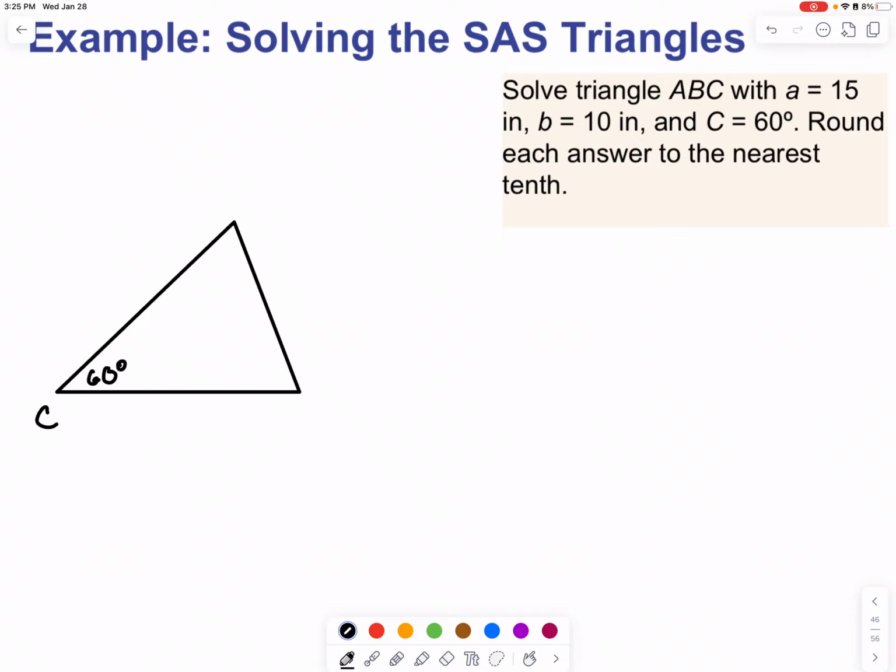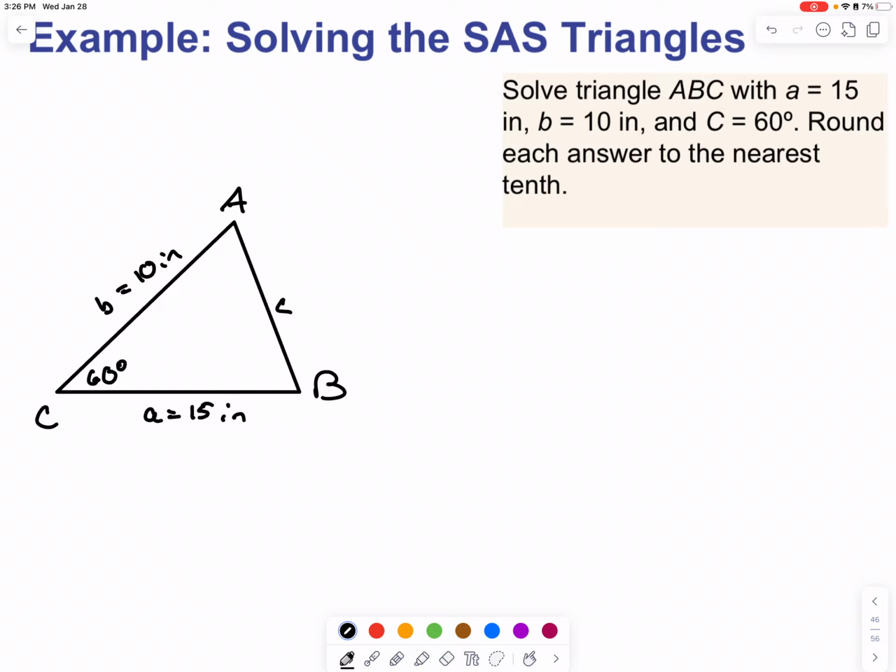So that means this would be side C. And then A, and then B. I'm going to let this be my A, and I'll do A equals 15 inches down here. That will make this my B at 10 inches, and my angle B.